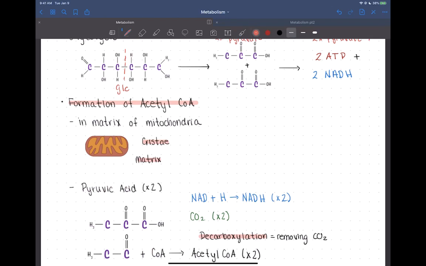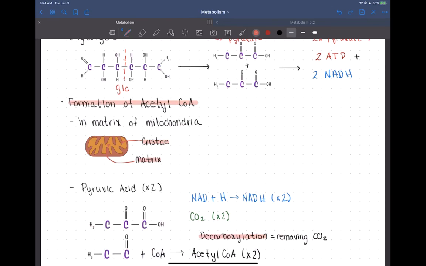If you remember the structure of mitochondria, it's got an oblong shape with the separate inner membrane that's very wavy. The matrix is the inner part, the fluid on the very inside of the mitochondria. The wavy inner membrane forms what's called the cristae. So the matrix is where this step is happening.